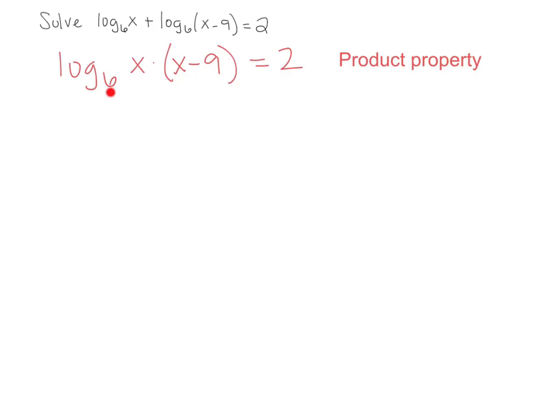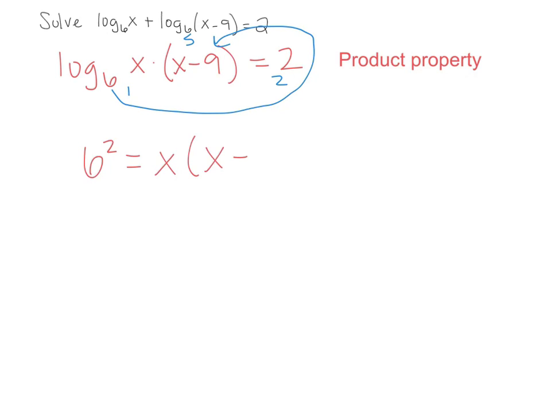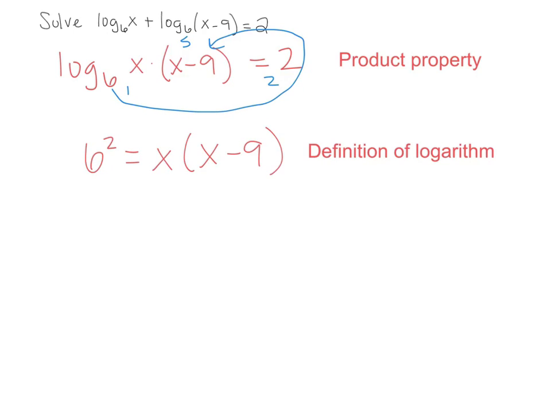So it's 6 to the second power gives you this. We can use the loop trick: base, 1, 2, 3. And we can write that as 6 to the second power equals x times x minus 9. This is just because of the definition of a logarithm.